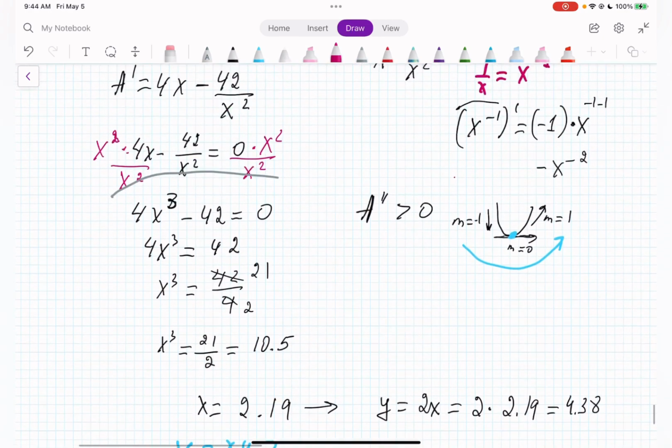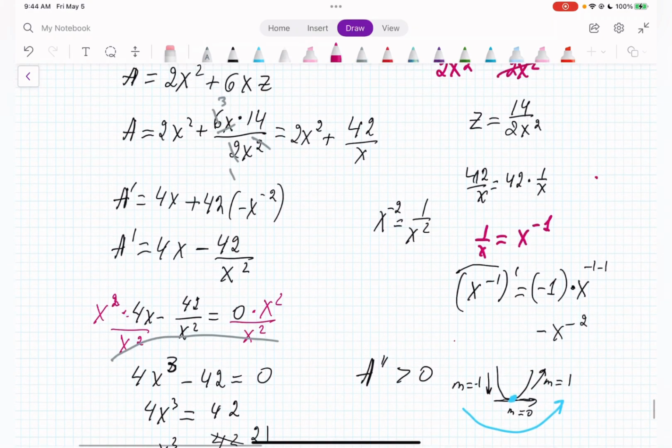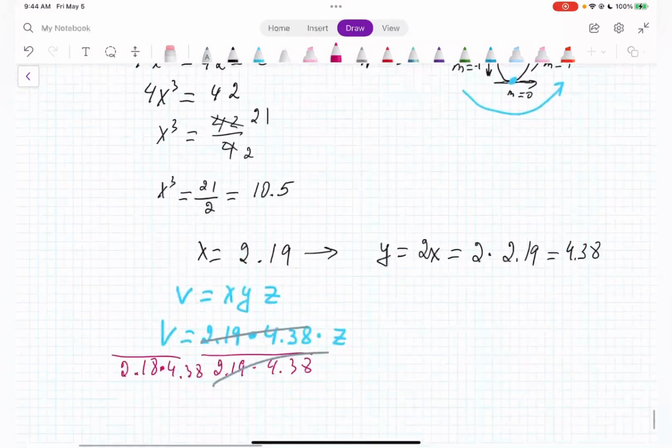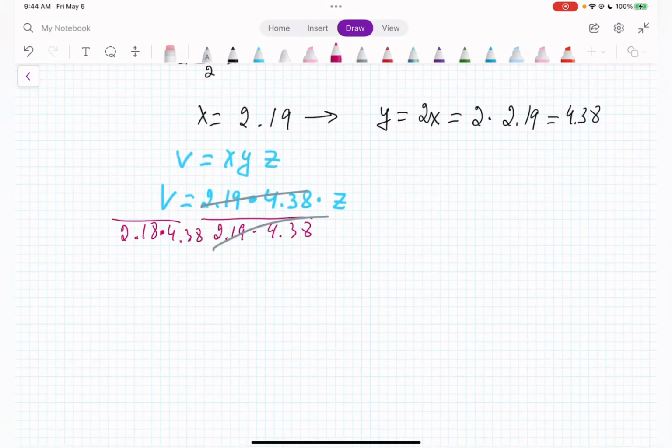All right, our V was 14, right? Yes, it was 14 cubic yards. So let me write down 14 divided by 2.19 times 4.38, and that is equal to our z.